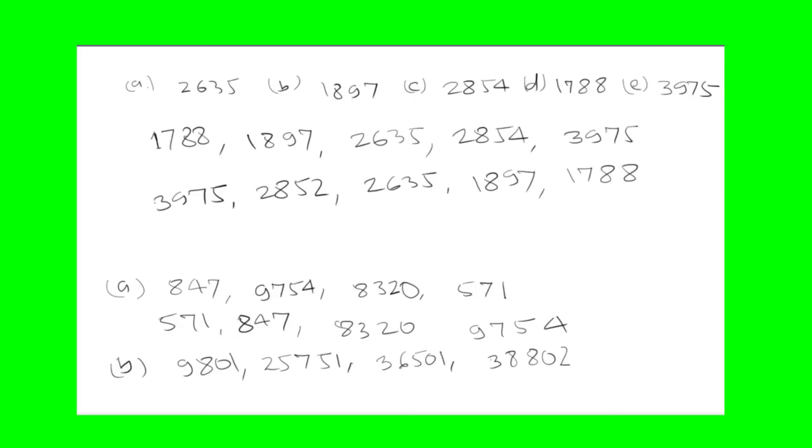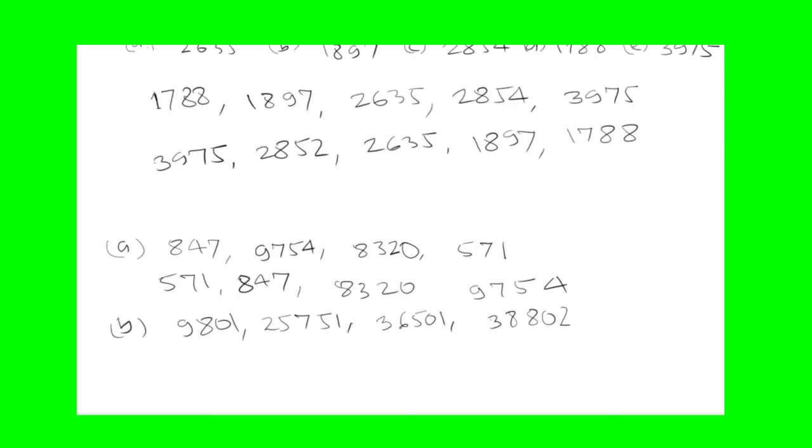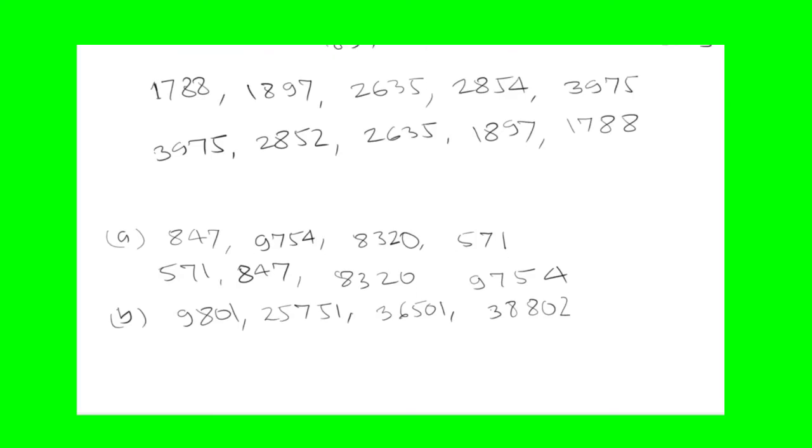We have to use these numbers in ascending order. So we see here that out of these 4 numbers, the only number which is of 4 digits is 9,801. So we will be using 9,801 at the first place.